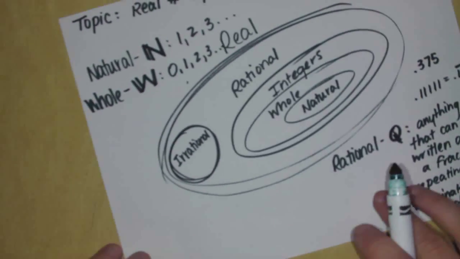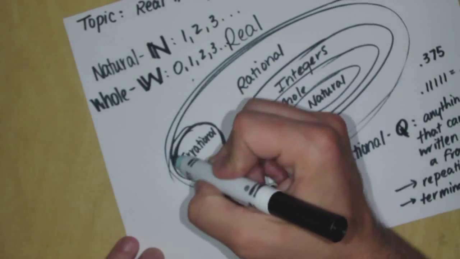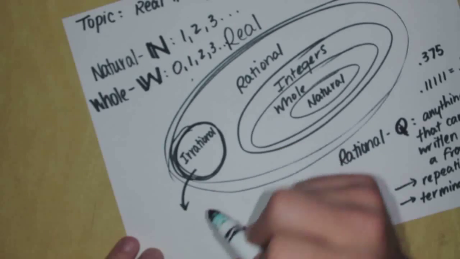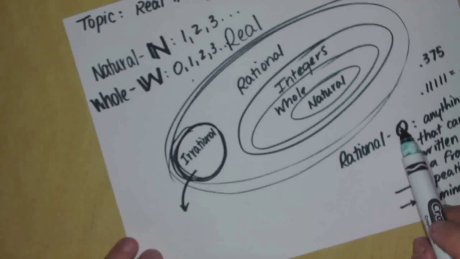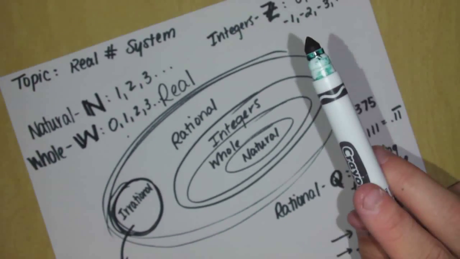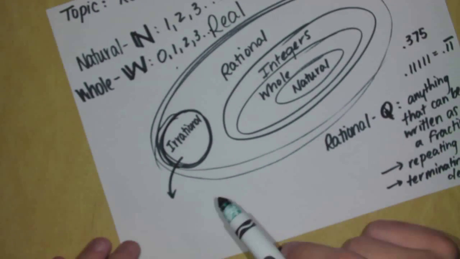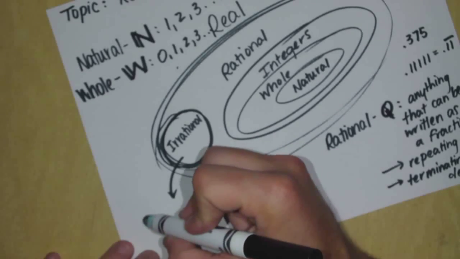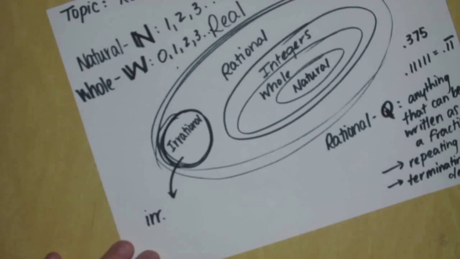And then you have the last category, like I said, kind of off by its side here. So irrational numbers, first of all, doesn't have a fancy symbol like the Q, the W, the N, or even the Z. Irrational isn't really represented. Sometimes you might see it as IRR, but oftentimes it's written out, because it doesn't have a symbol.